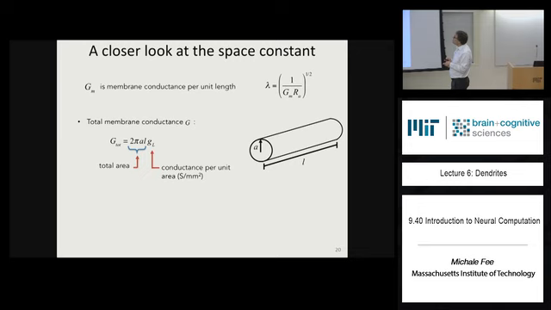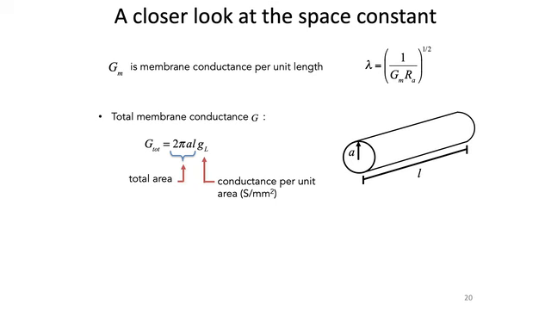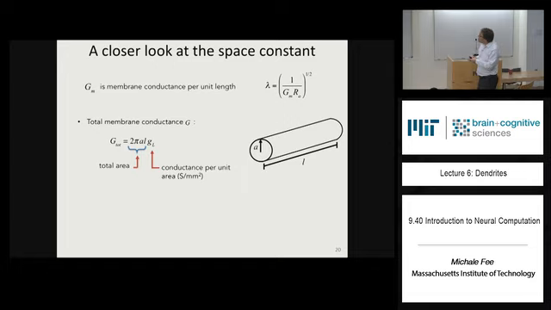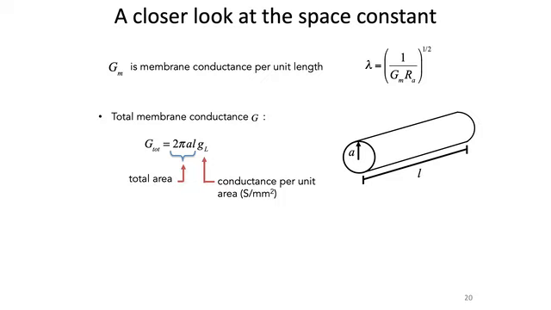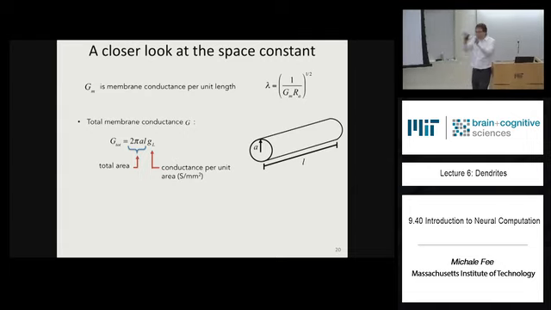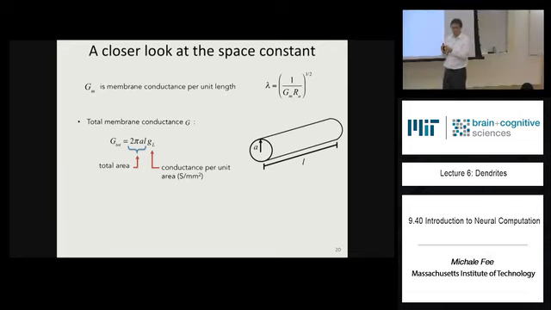The total membrane conductance of this little cylinder of dendrite, little cylinder of cell membrane, is just the surface area of that cylinder times the conductance per unit area. Remember, this is the same idea that we talked about when we were talking about the area of our soma. We have a conductance per unit area that just depends on the number of ion channels and how open they are on that piece of membrane.